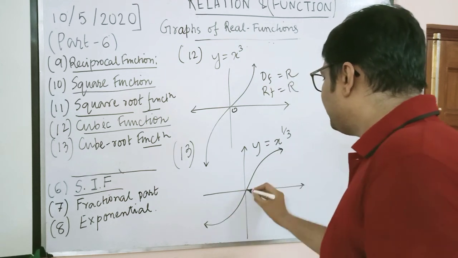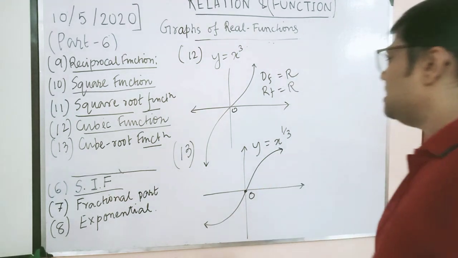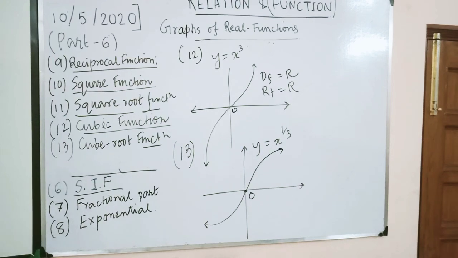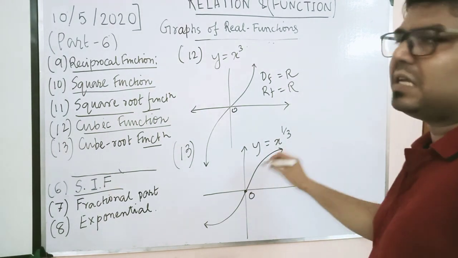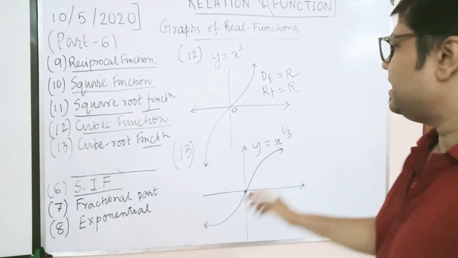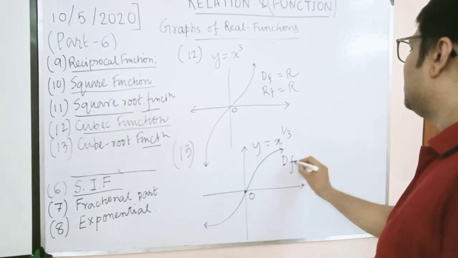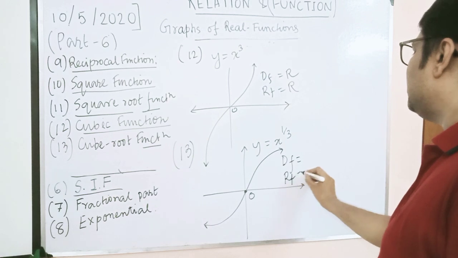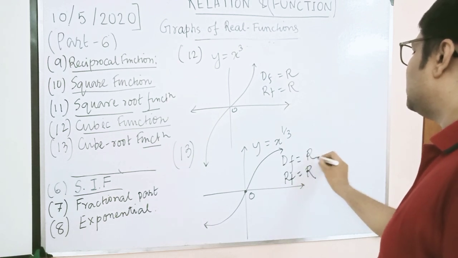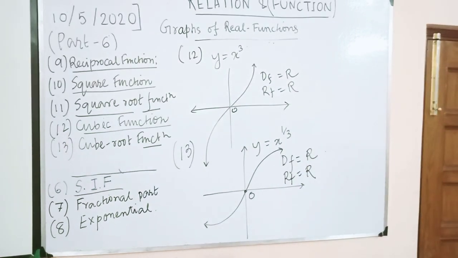This kind of graph you will get. Here also there is no problem. You can see that x increases and decreases along with y increasing and decreasing. So here also you get the domain and the range both as R.